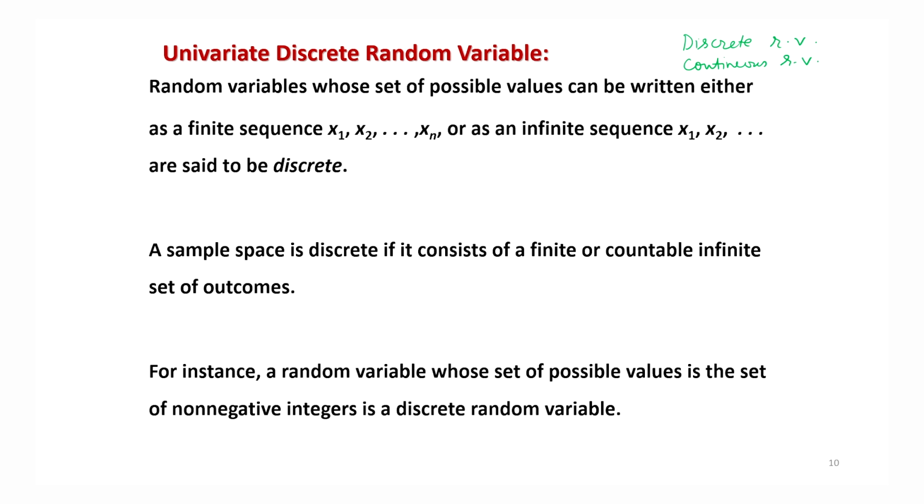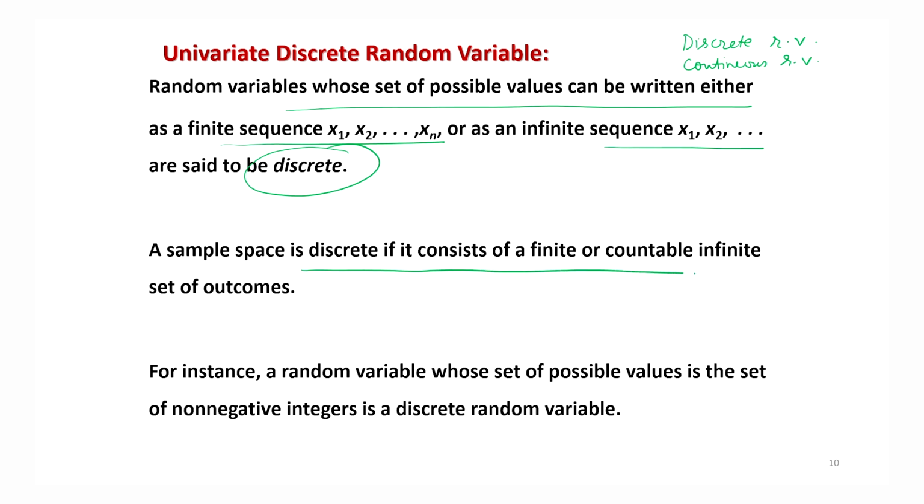So all the values are concentrated only at some points. So the random variable whose set of possible values can be written as a finite sequence x1, x2, ..., xn, or as an infinite sequence x1, x2, ..., is said to be discrete. So the sample space of such a random variable is said to be discrete if it consists of a finite or countable set of outcomes, right?